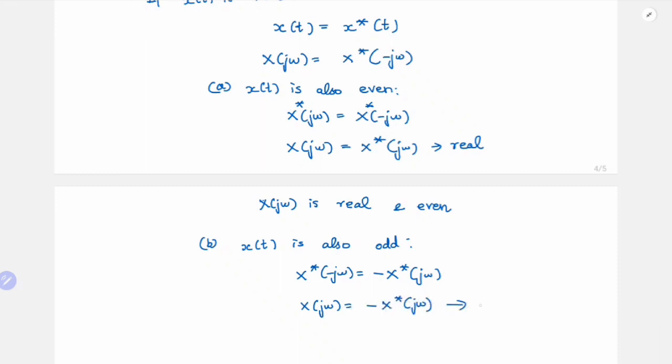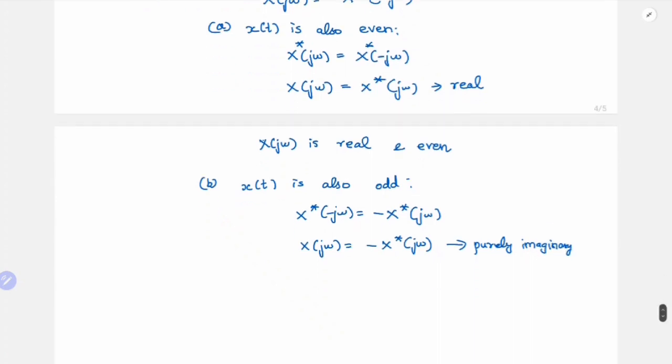This implies it is purely imaginary. Here also x of t is purely real, I am not writing it, it is understood. Again from the previous property we saw it is also odd. So x of j omega is imaginary and odd.